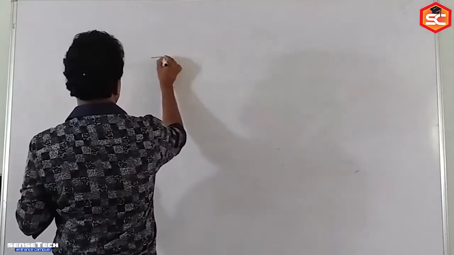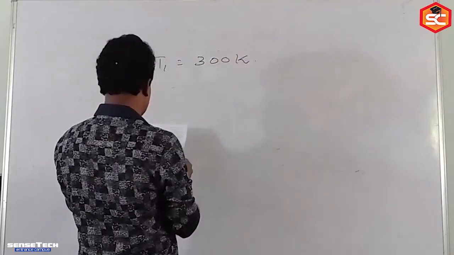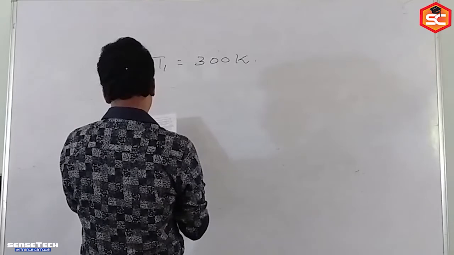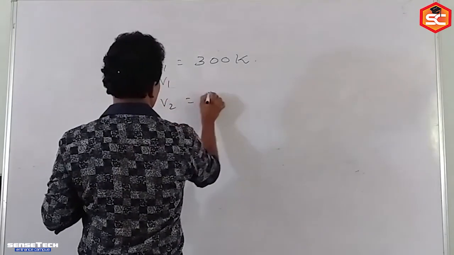So at 27 degrees Celsius, the initial temperature given is 300 Kelvin, 27 plus 273. A gas is compressed to half of its volume. Suppose the initial volume is V1, then V2 is V1 by 2.